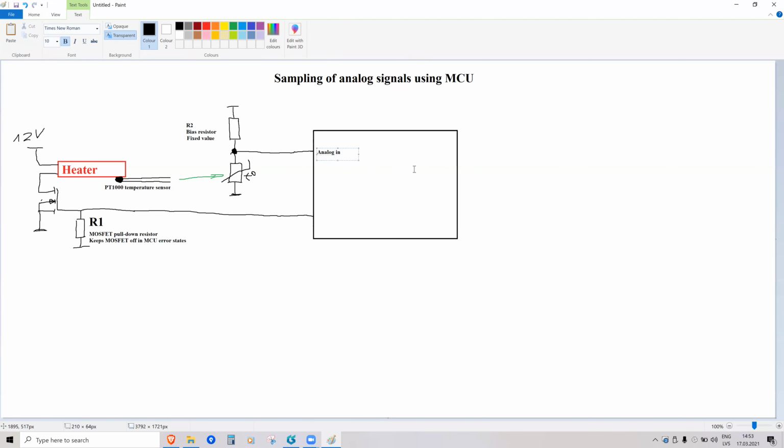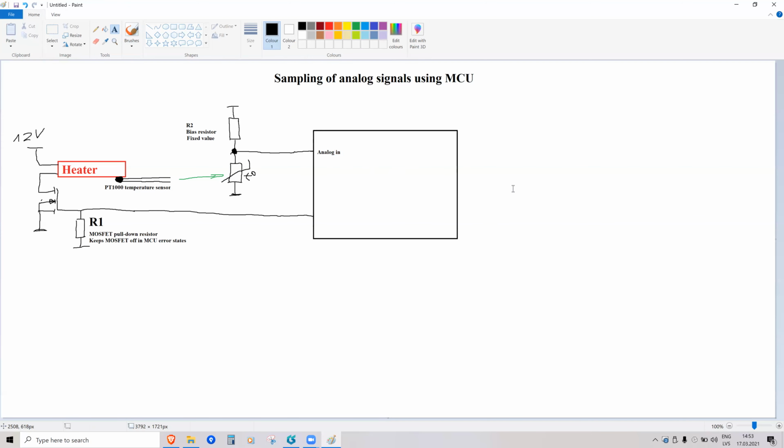Okay, and now we need to talk about some things in this circuit so that we can improve it a little bit. First of all, as we know, this temperature sensor is located far away from the microcontroller.